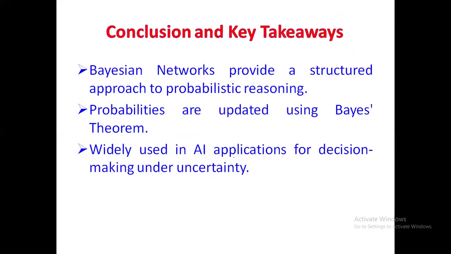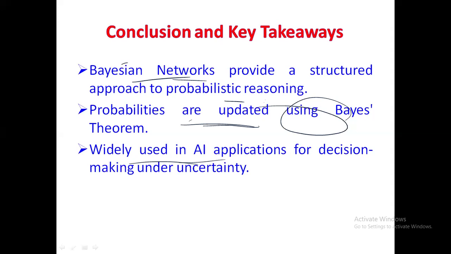So coming to the conclusion, what it says: the Bayesian network provides a structured approach to probabilistic reasoning. Bayesian networks are graphical models that represent a set of variables and their conditional dependencies, which we are going to see with the DAG algorithms and all. The probabilities are updated using the Bayes theorem, and it is widely used in AI applications.